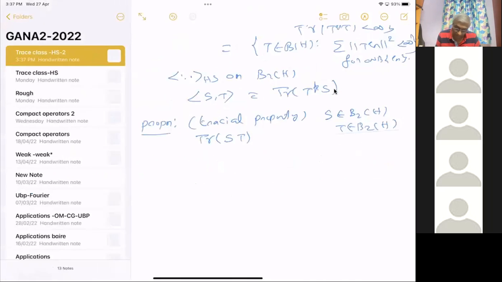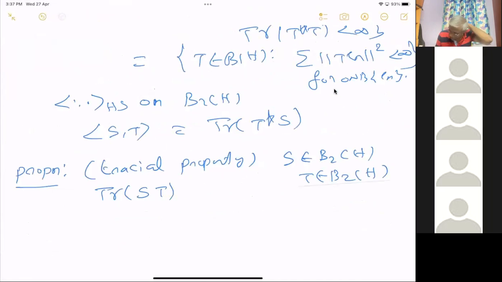The analog is between L1 and L2. Trace class operators are like L1 and Hilbert-Schmidt operators are like L2. If you take the pointwise product of L2 functions or L2 sequences, then it's an L1 sequence. That is the analog of this. Then the trace of ST, which we can make sense of, is equal to trace of TS.